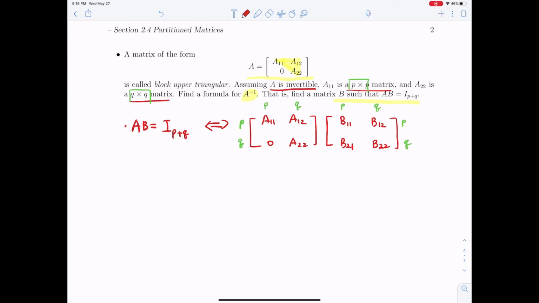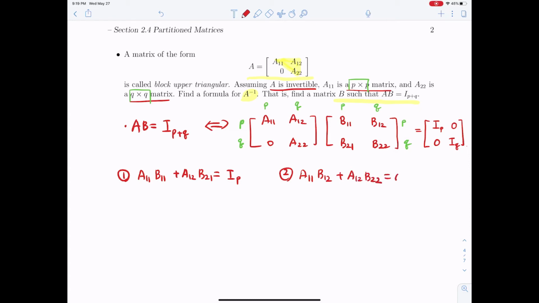This way the multiplication makes sense, and we get I sub P, 0, 0, and I sub Q. For the first entry, we get A11 times B11 plus A12 times B21 equals I sub P. For the second entry, we have A11 times B12 plus A12 times B22 equals 0.